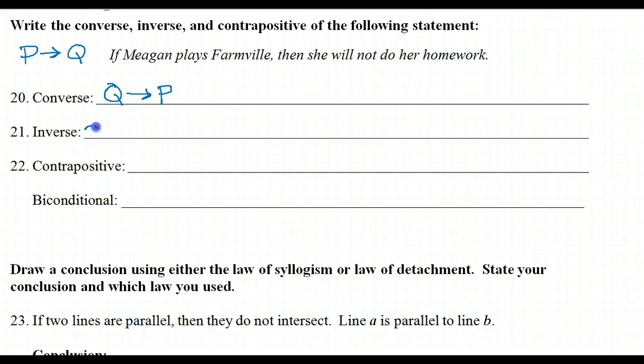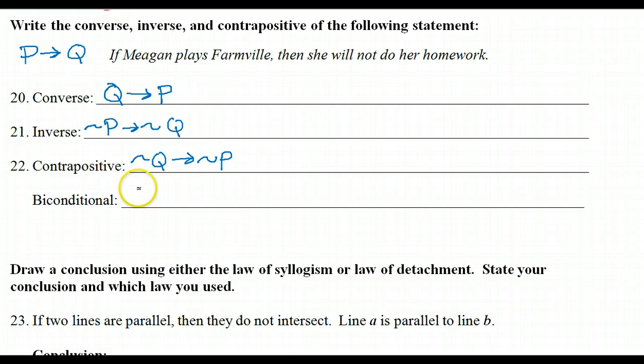So the inverse is of the form if not P, then not Q. All right, notice it follows the original order. The contrapositive is the one where you negate and reverse. So it'll be of the form if not Q, then not P.